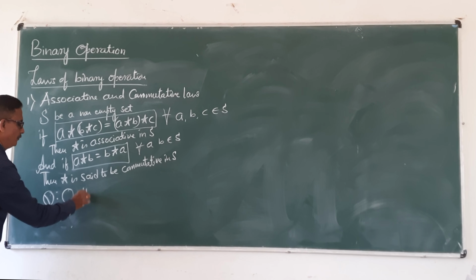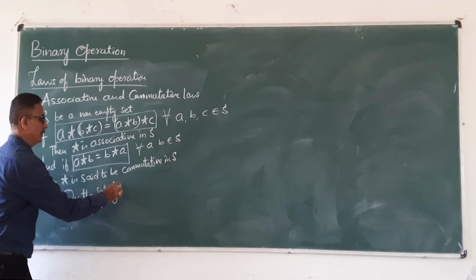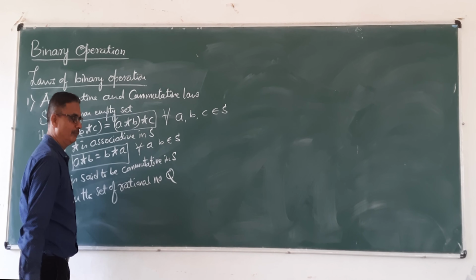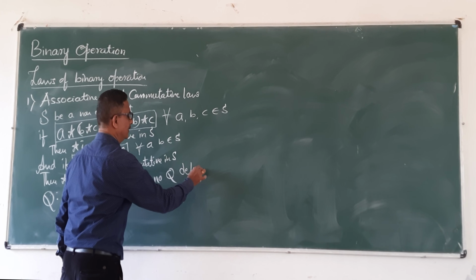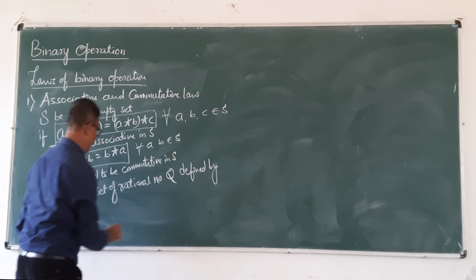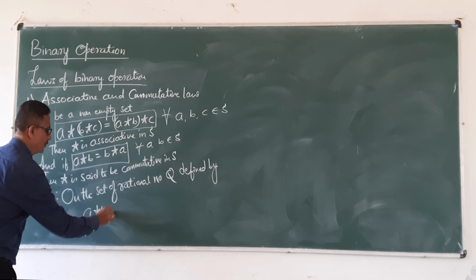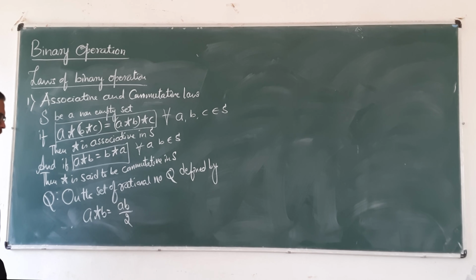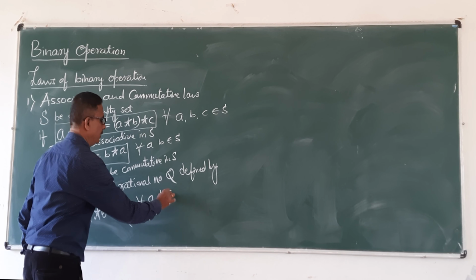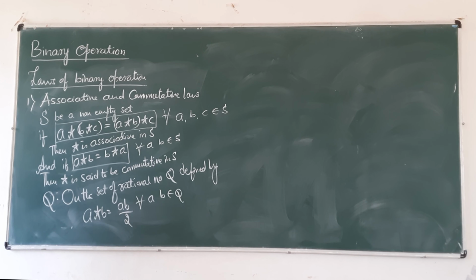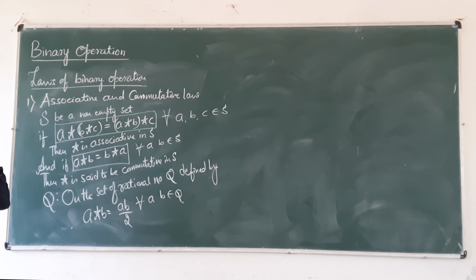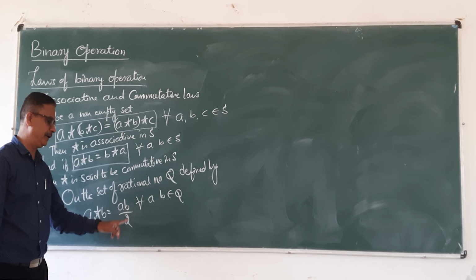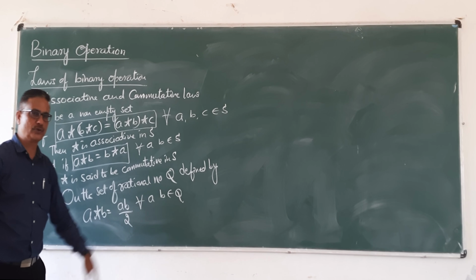Question: on the set of rational numbers Q, star is a binary operation defined by A star B is equal to AB upon 2 for all A, B belongs to rational numbers.